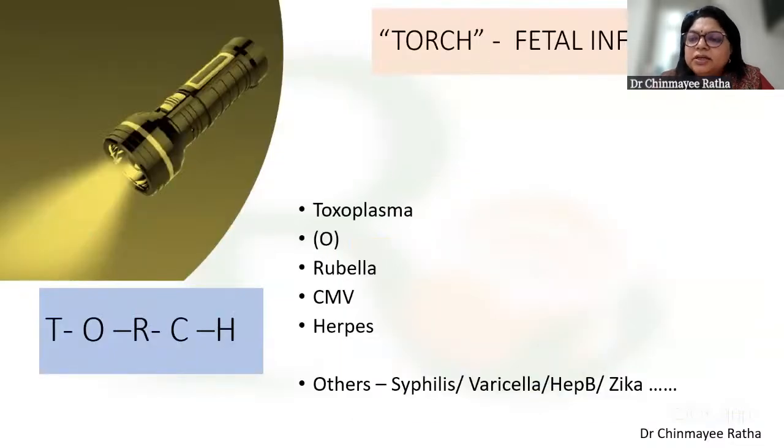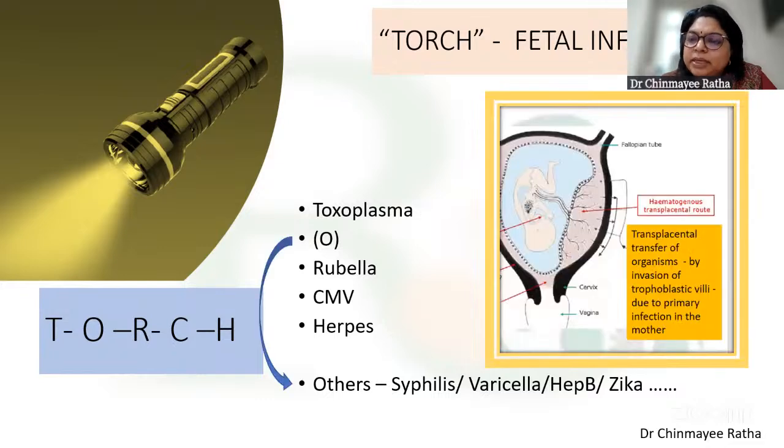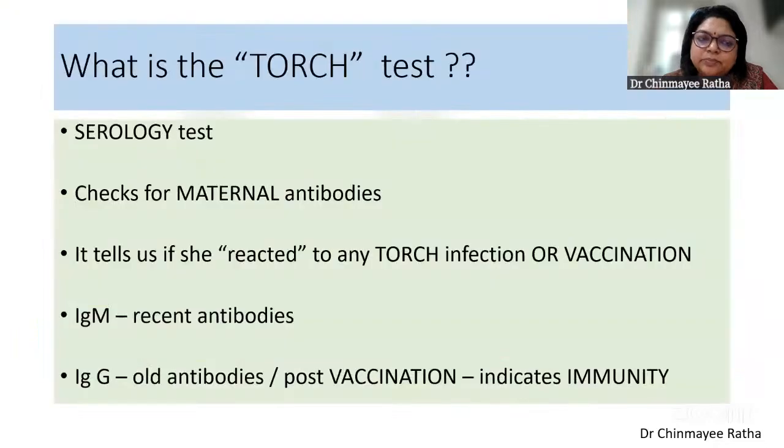The TORCH infections are a group of infections that have this nice mnemonic called TORCH because you include toxoplasma, other infections like syphilis, varicella, hepatitis B and Zika virus, etc., rubella, CMV, and herpes. All of this come under an umbrella term of TORCH, and they are important because they can affect the fetus through transplacental transfer of the organism.